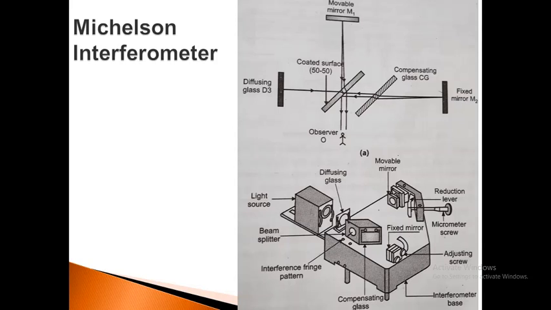The first one is the Michelson interferometer. This is the oldest type of interferometer, which subsequently has been modified in several respects, and a lot of sophistication introduced.